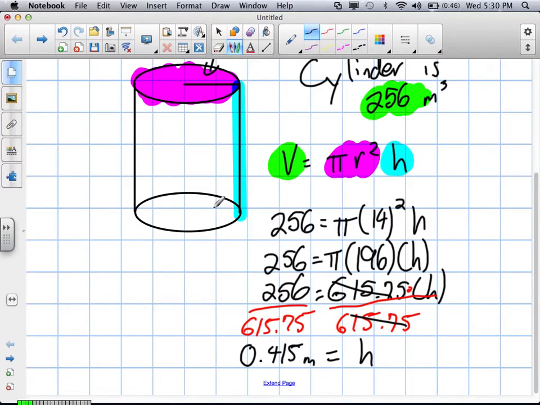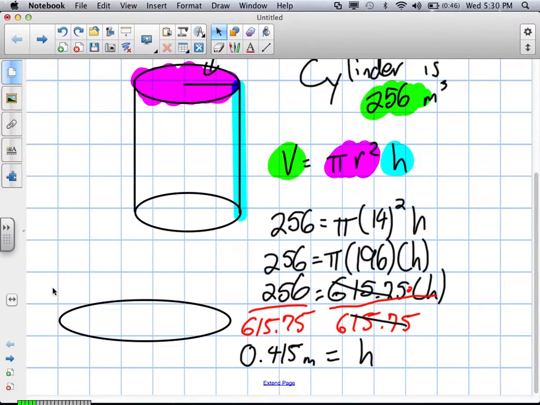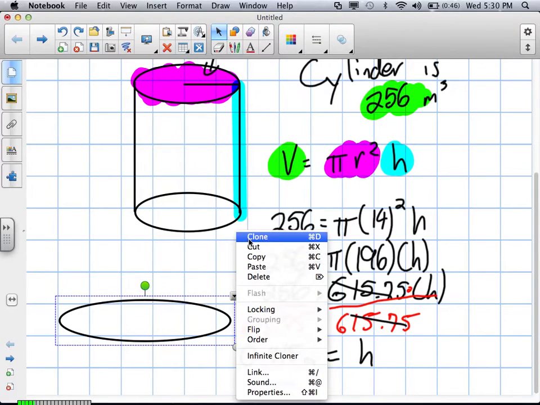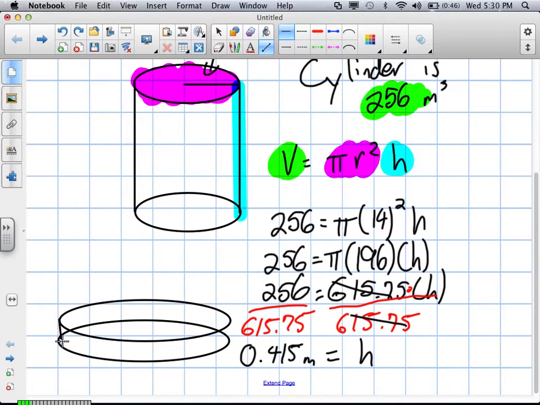So in other words, we're going to have a cylinder, and we'll try to create it here. That's very, very wide. Whoops, wrong one. Undo. We want this one, so it looks three-dimensional. A very wide cylinder. I'll clone this. And it's actually very, very short in terms of its height. It's only half a meter, if that.